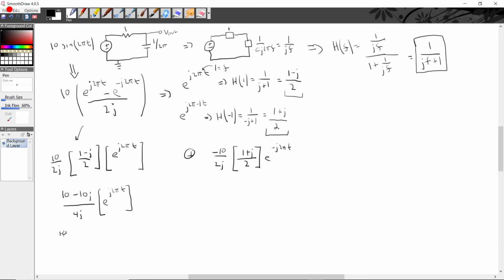So I'm going to say that's 5 all over 2 times 2j, and you're going to see why I wrote it like that a little bit later, plus minus 5 over 2 times the complex exponential, plus minus 10 minus 10j all over 2 times 2j times the other complex exponential.